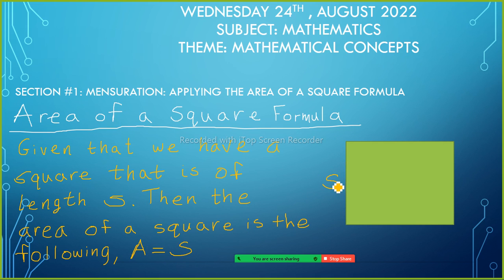But remember, if this is of s length, because it's a square, what's going to be the length of this side, Sierra? S. This is also s, and this is also s, and this is also s, because it's a square, so all the sides are equal. So the area is going to be equal to length times width, which is s times s, which is s squared. So the area of a square is s squared, length times width.